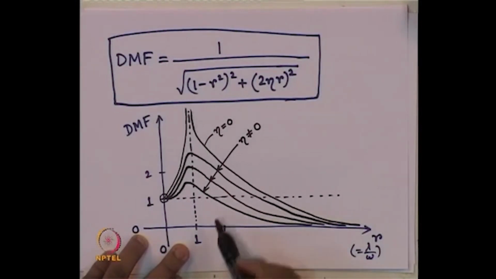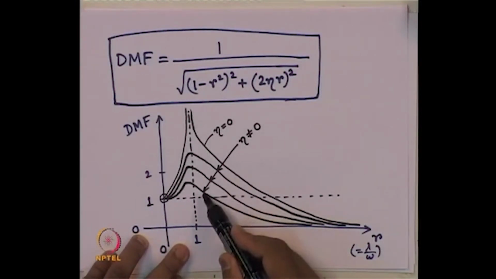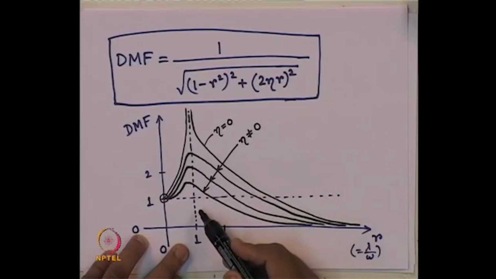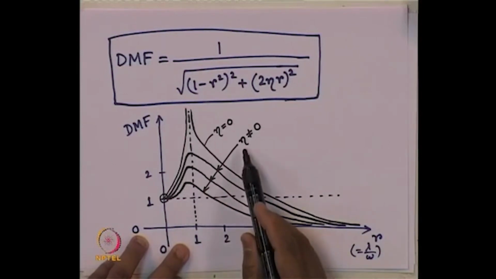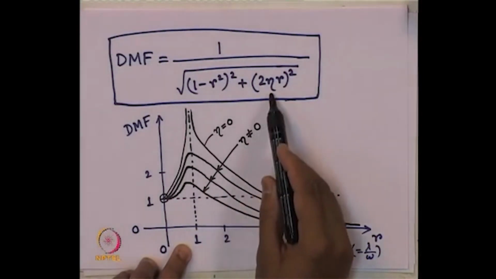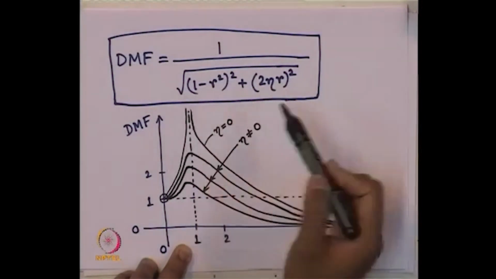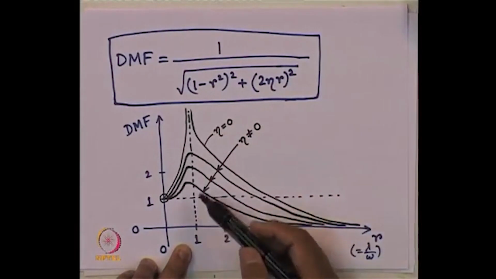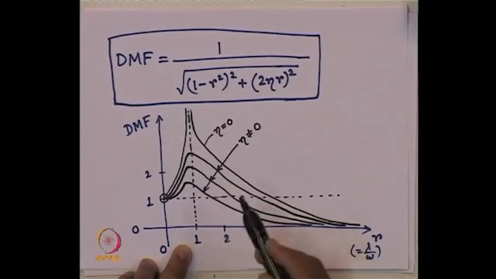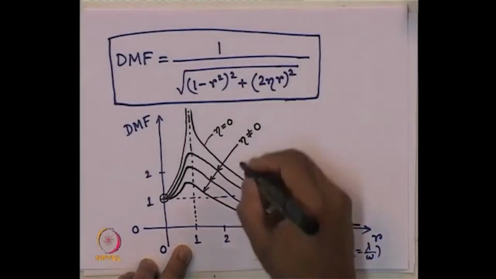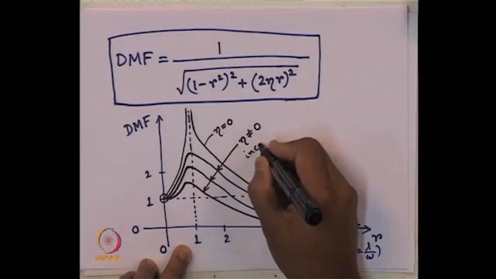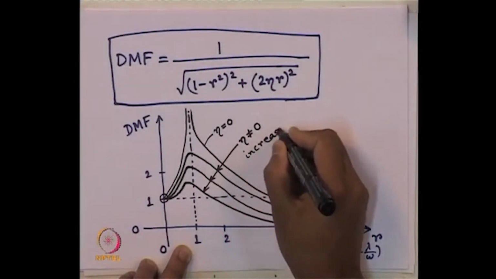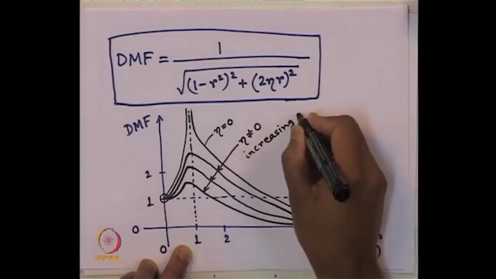Now, what does this show? This is in the decreasing values of eta or increasing values of eta. If the value of eta is increasing, what will we get? The DMF value will keep on decreasing. So, this is the increasing trend of eta.